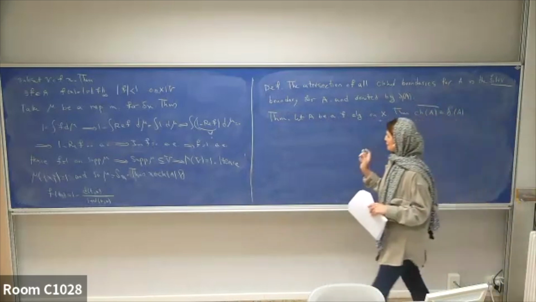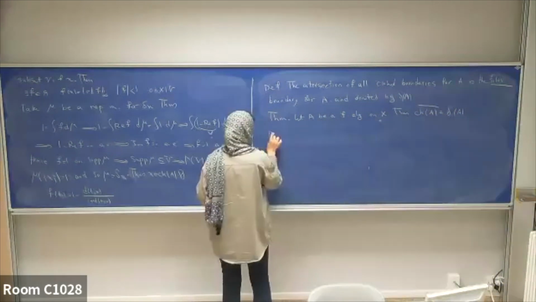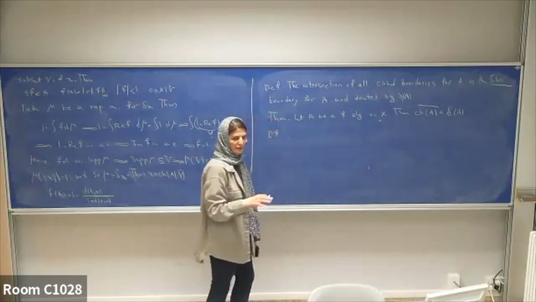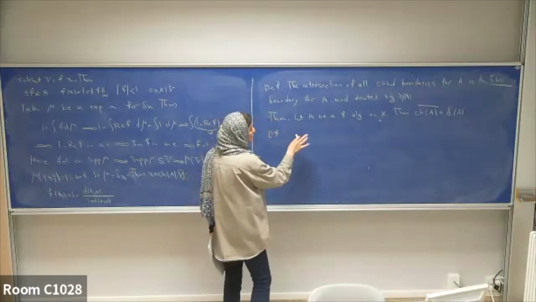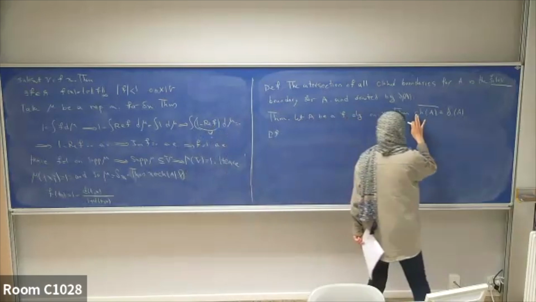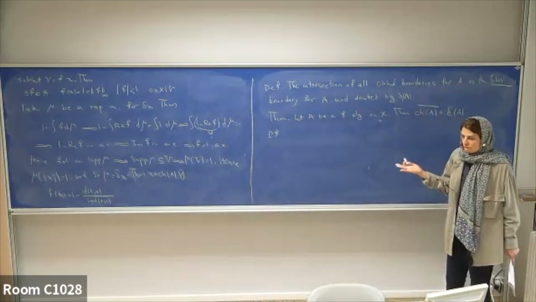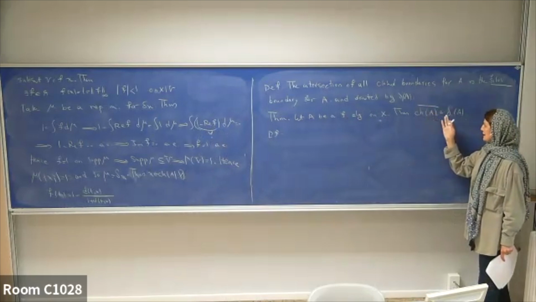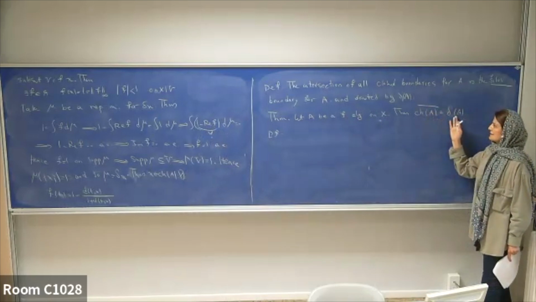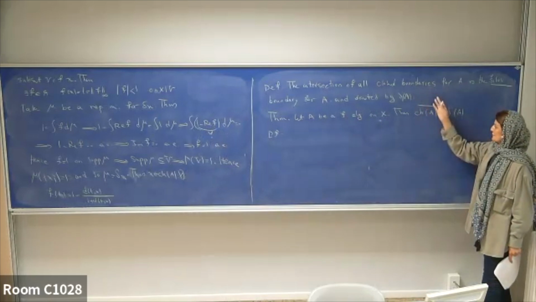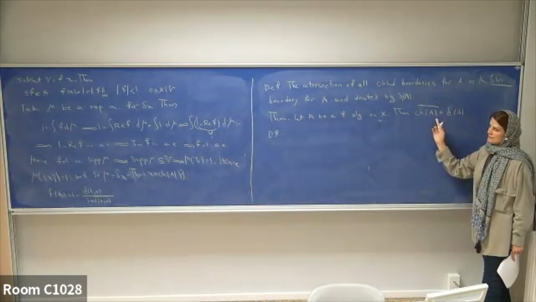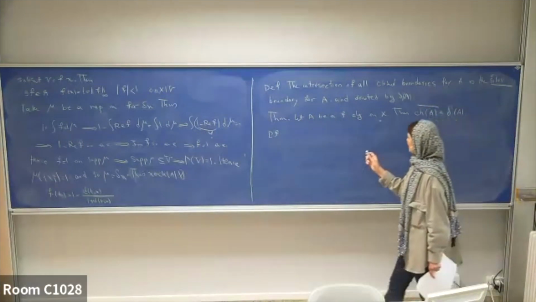Let's say the proof very, very fast. We know that the Choquet boundary is a boundary, so the closure also is trivially a boundary. And the Shilov boundary is the intersection of all closed boundaries, so it means that the Shilov boundary is a subset of the closure of the Choquet boundary. So this part is clear.